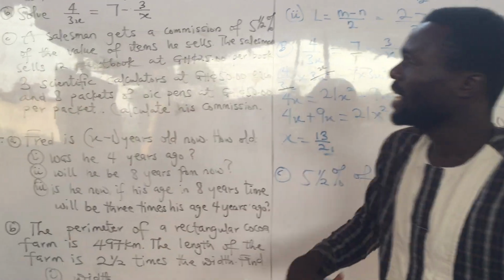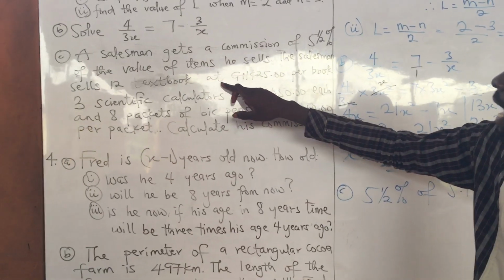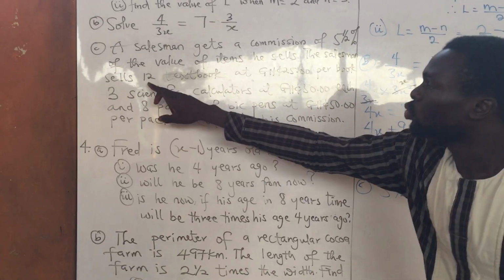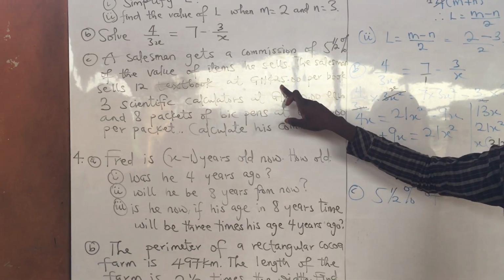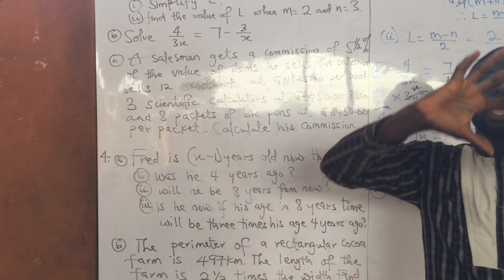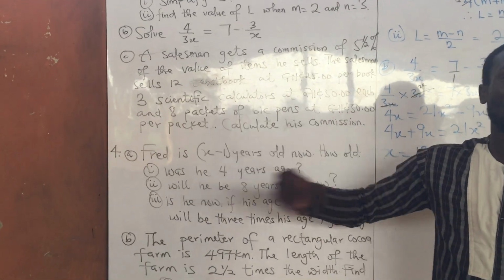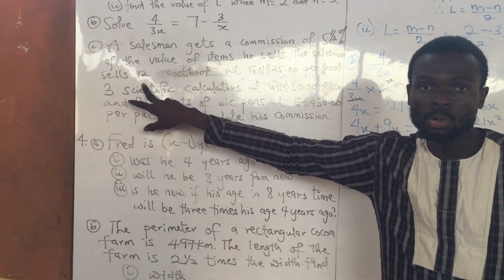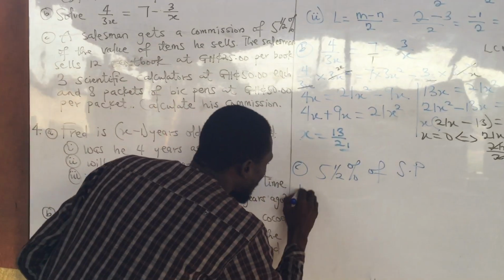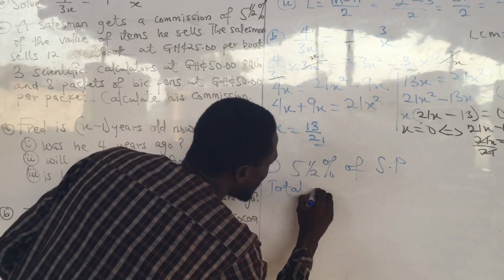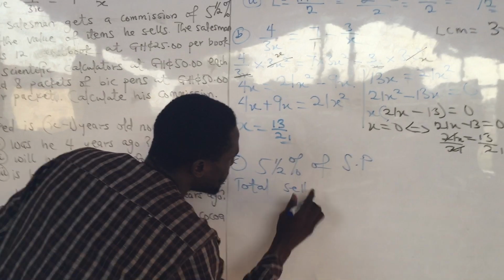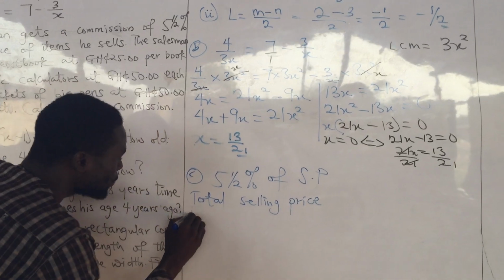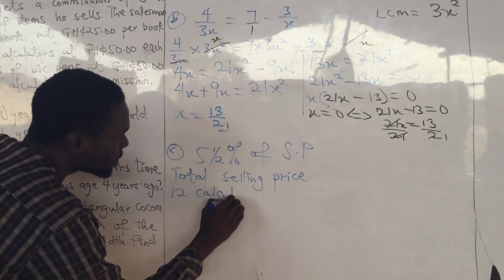We were told that he sold 12 textbooks at 25 cedis per book. So calculate 12 times 25 because per book is 25. So if all the books are 12, then 25 times 12 will give you the amount he had for selling the 12 books. So let's calculate for total selling price.